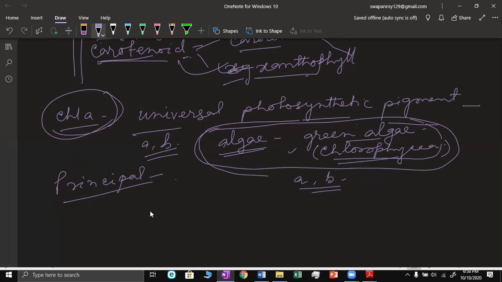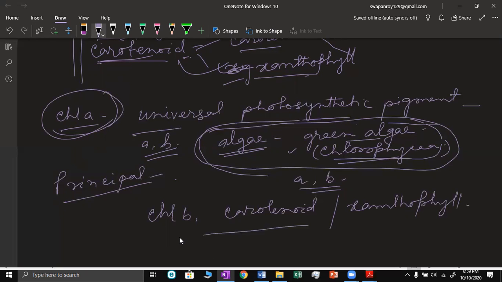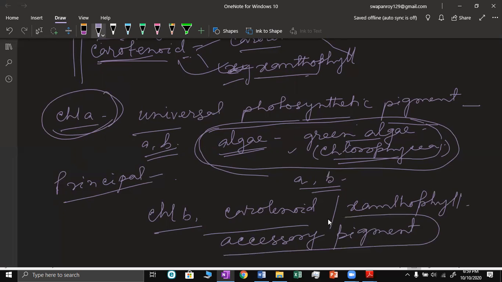The other pigments, that is chlorophyll B, carotenoid, and xanthophyll, are called accessory pigments. So the principal pigment is chlorophyll A, and the accessory pigments are chlorophyll B, carotenoids, and xanthophyll.